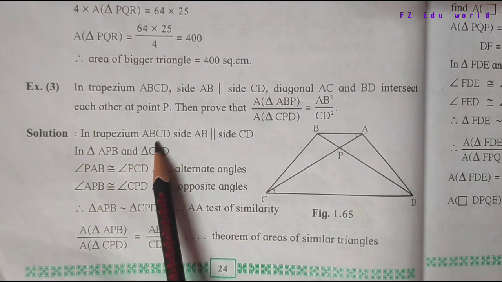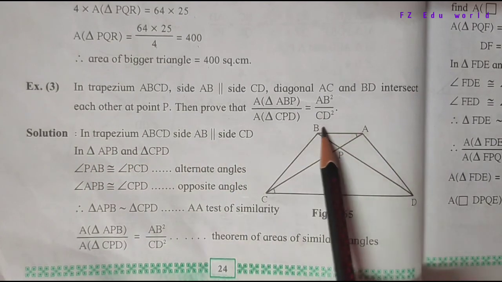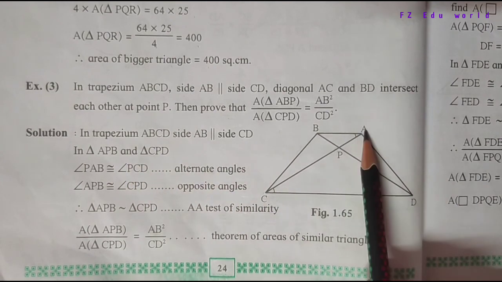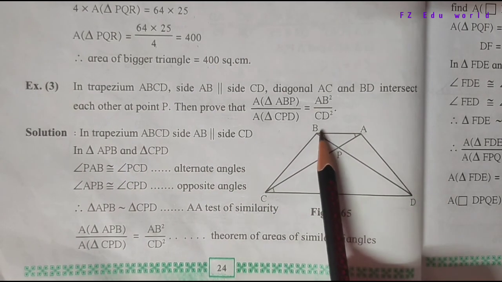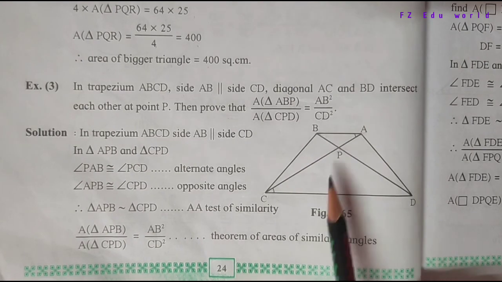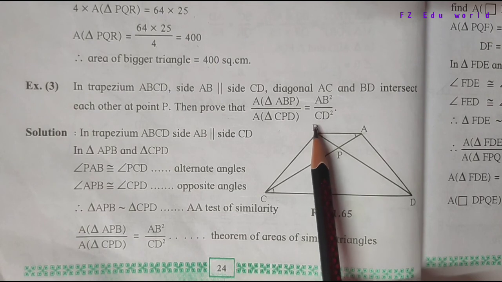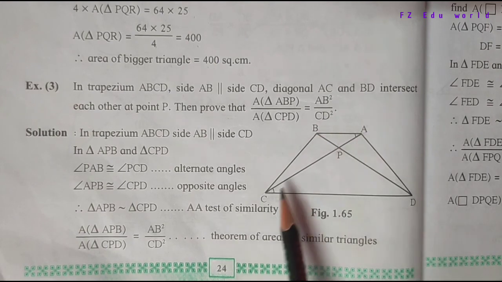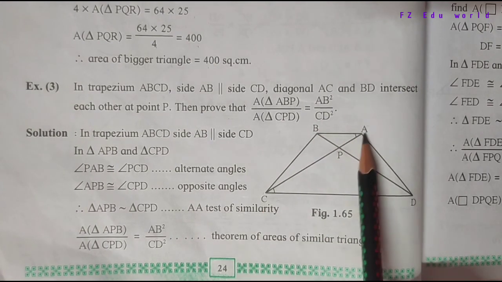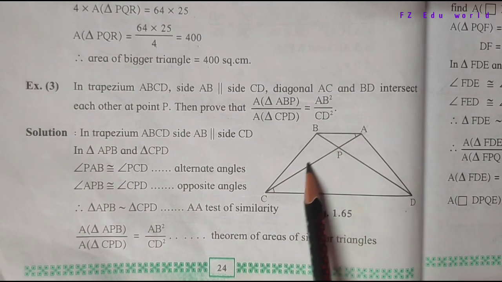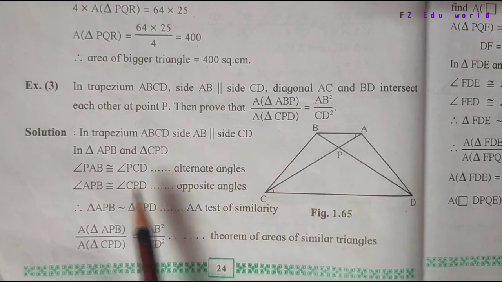In trapezium ABCD, side AB is parallel to side CD. In triangle APB and triangle CPD, see these angles. Angle PAB is congruent to angle PCD, as they are alternate angles.